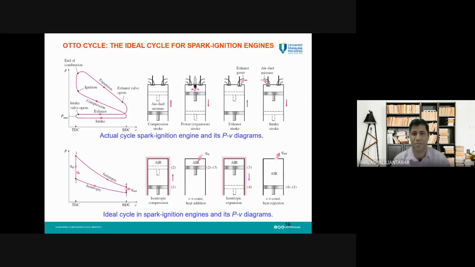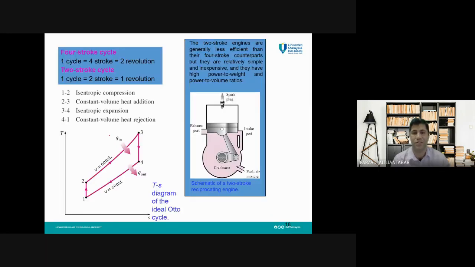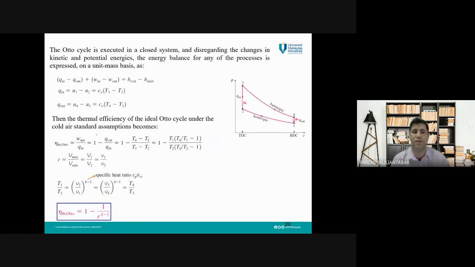In terms of the combustion cycle, I will introduce the Otto cycle, which is a very important cycle for the internal combustion engine, and we will use it to describe the gasoline type engine. I will tell you about four-stroke and two-stroke combustion and their difference.